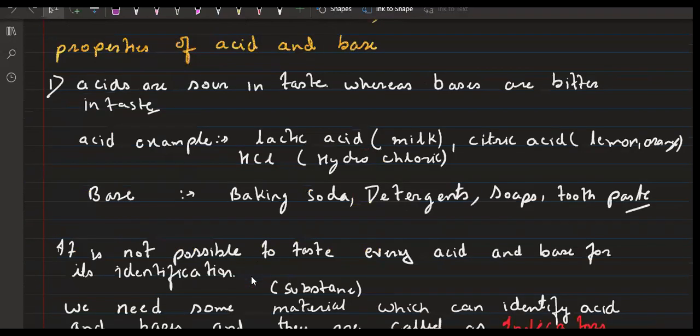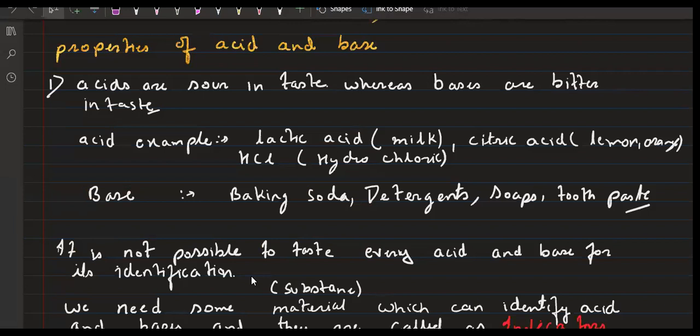Yes, everyone, we discussed the properties of acids and bases. The first and foremost property that we have to know is the taste. Acids are sour in taste, whereas bases are bitter in taste. We discussed some examples of acids; we have a table in your textbook: lactic acid, citric acid, acetic acid.